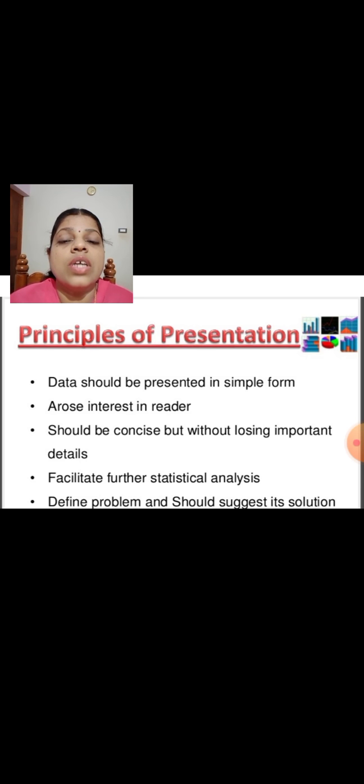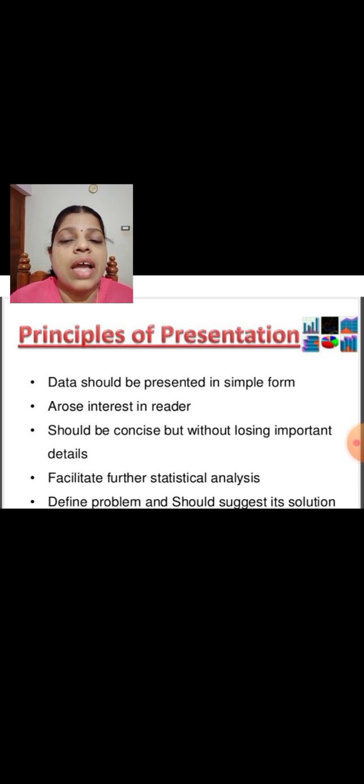The second one is, it should arouse interest in the reader. So the person who is reading that data, while reading, it should arouse a sort of interest in their minds. The third one, it should be concise but without losing important details.